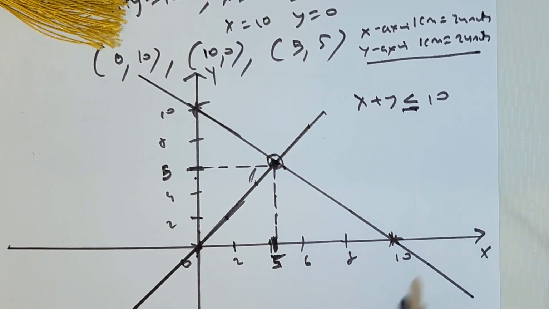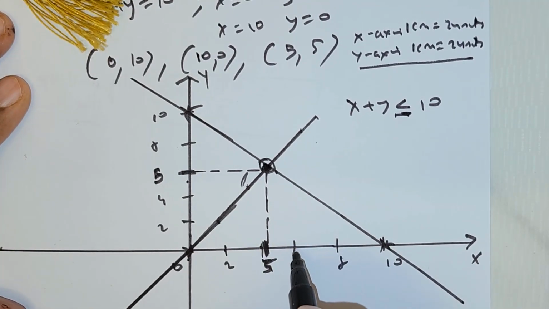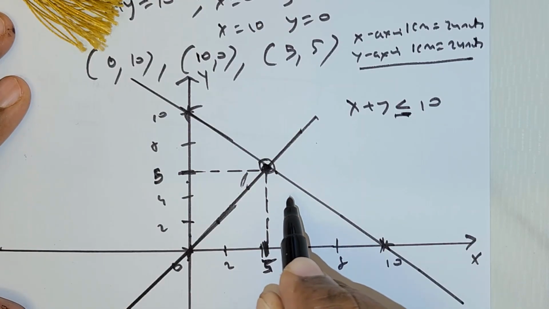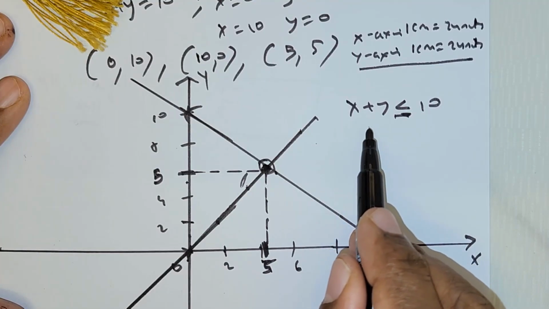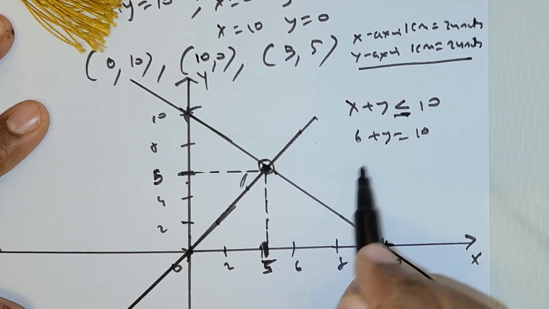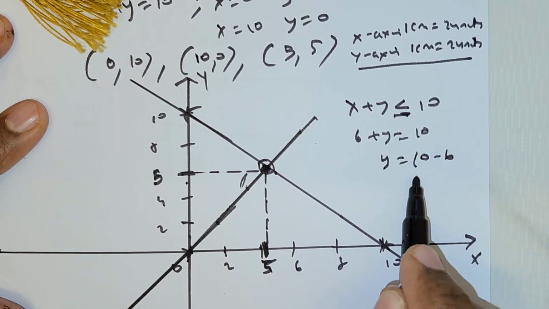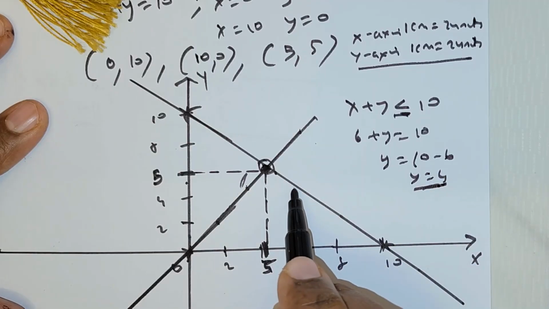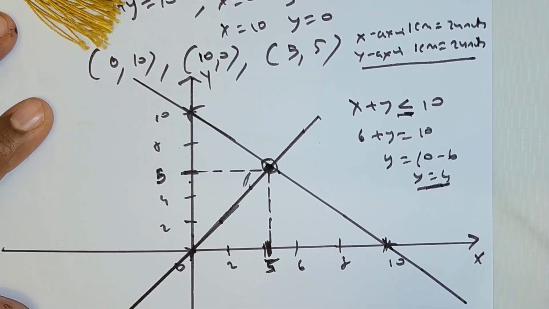Because of the inequality less than or equal to, we can accept that. When x = 6, y is not going to be greater than this value. So y is going to be 10 - 6, which is y = 4. So it is coming within this region of intersection. That is all right.